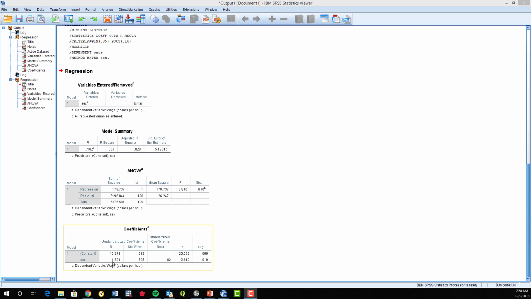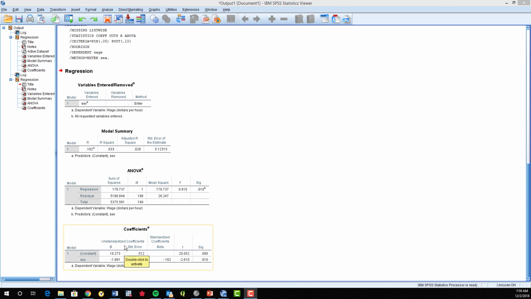Again, when you have a categorical variable as a predictor, the slope represents the difference between the genders. This is where knowing which category is 0 and which is 1 matters. So this is the value when x equals 1, in other words, when you're a female. When you're a female, you're expected to make $1.89 less on average than men.